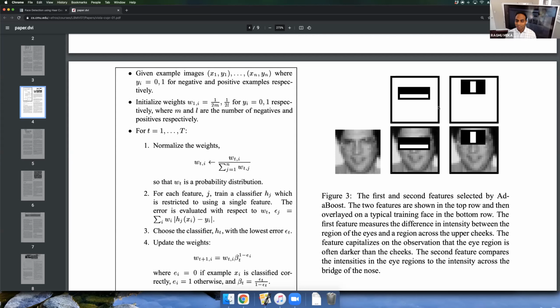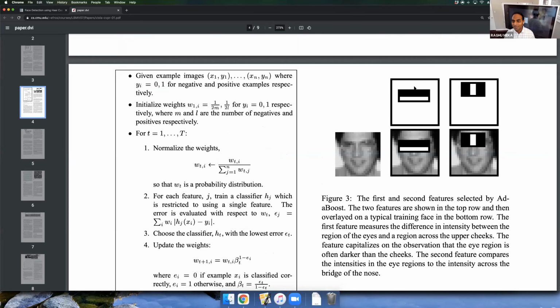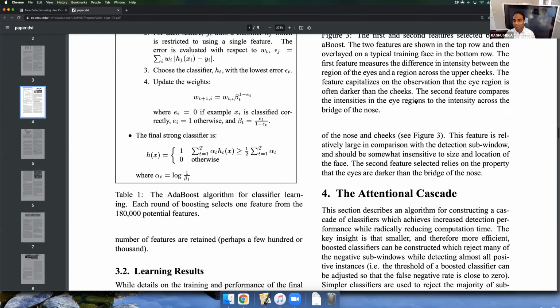So what they did was they designed such simple filters, and then, you can see what they're doing here, right? Do you recognize this algorithm? Normalize the weights, update the weights, and do something. Right? Essentially they're doing boosting. They said, okay, these are my simple weak learners, and I'll boost that using my boosting framework.